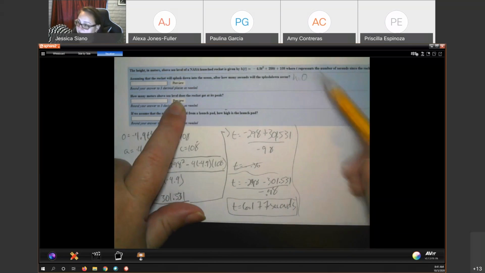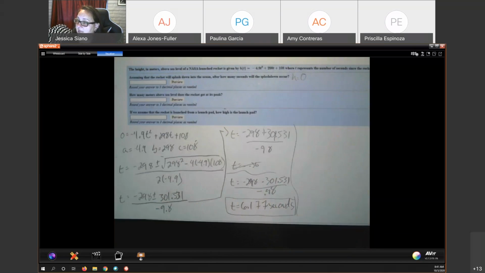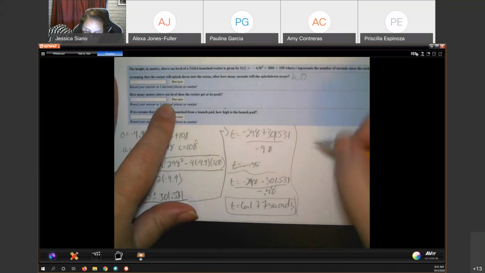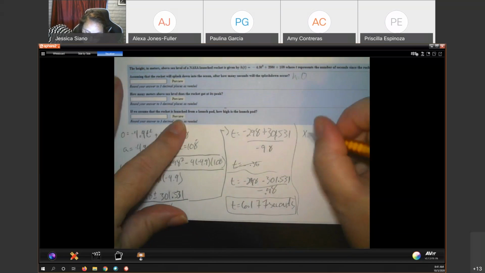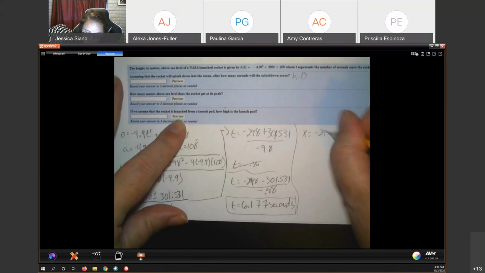So anytime you're asked for the maximum, you're always looking for the vertex. So first we find the x. The x value of the vertex is negative b over 2a. Negative 298 over 2 times negative 4.9.